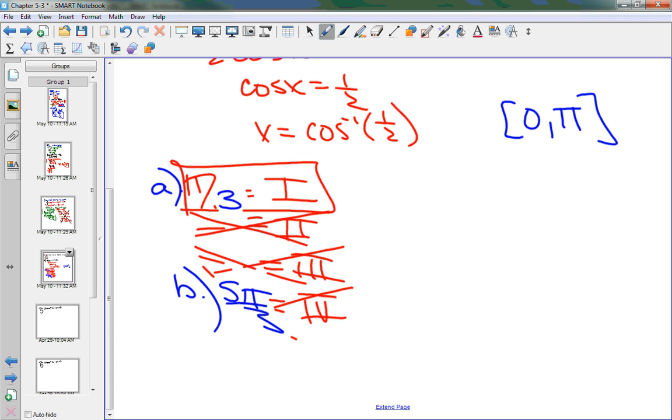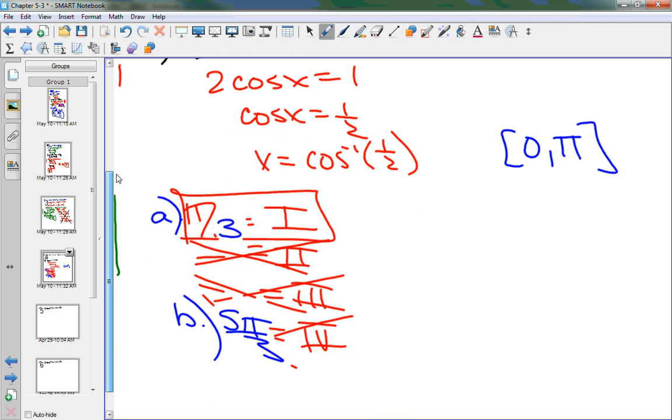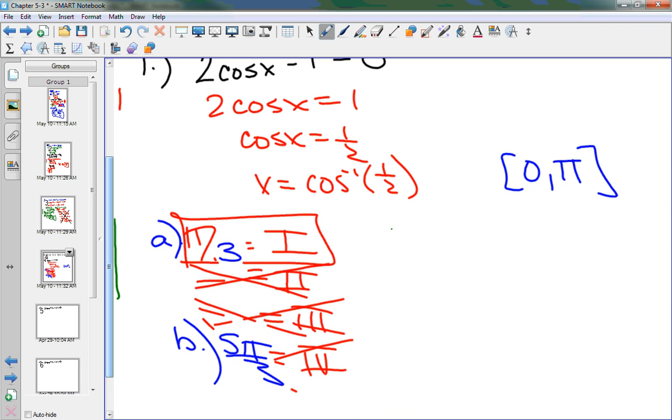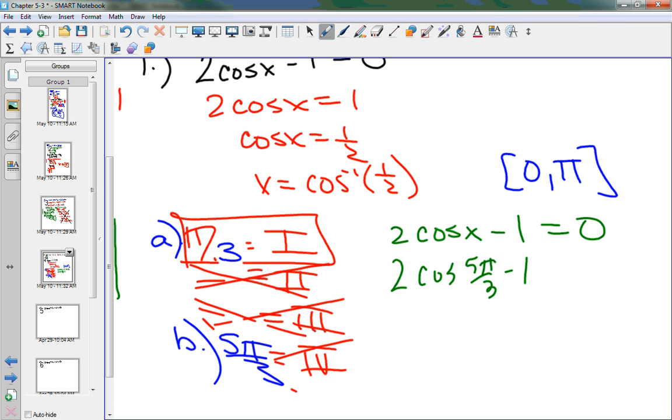So either we can do the math, or we can plug and chug. I'm going to show you the plug and chug method. We know clearly that it's going to be pi over 3, according to the answer. If we plug and chug this in my original problem, can you put it in a computer or calculator? No, I don't want you to put it in the calculator. You use your brain. 2 times the cosine of 5 pi over 3. What is the cosine of 5 pi over 3?